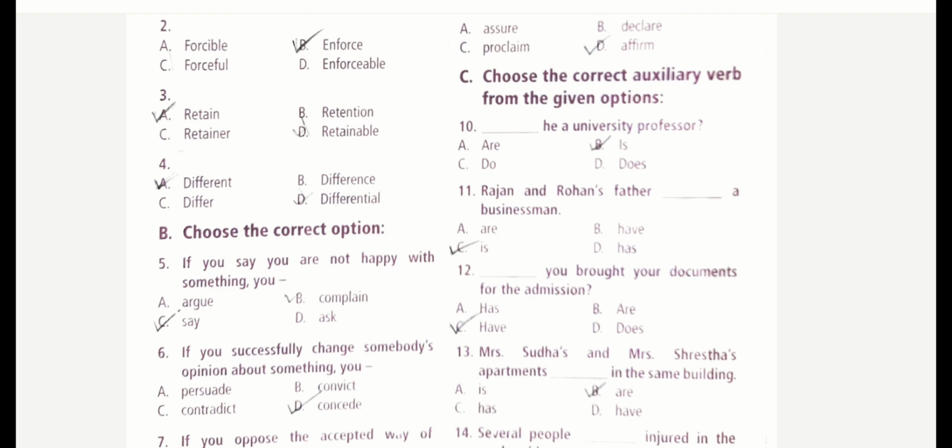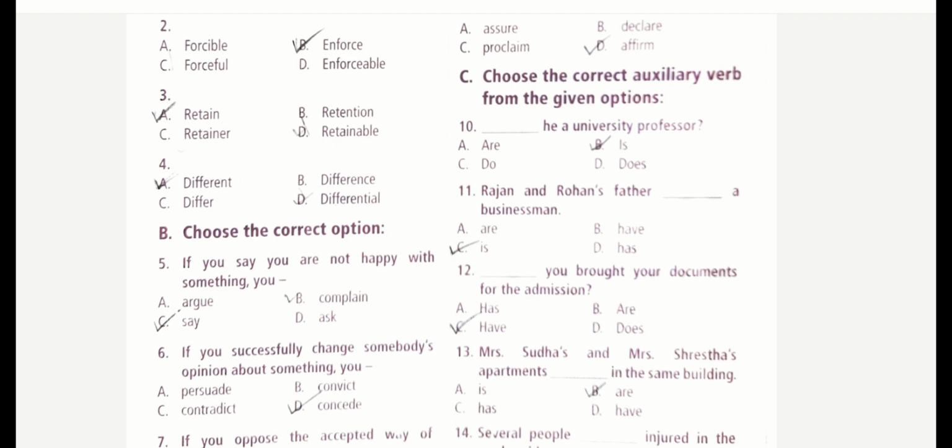Okay, so here the verb will be used as answer, option C, is. Okay, the reason is the correct answer is because of subject verb agreement. Because the subject is Rajan and Rohan's father, which is singular, therefore the correct form of the verb to use with a singular subject is is.